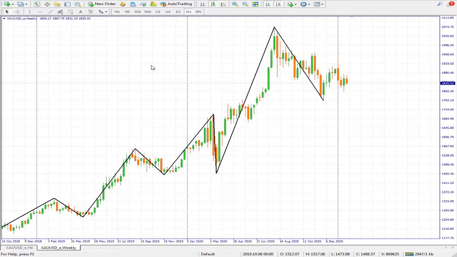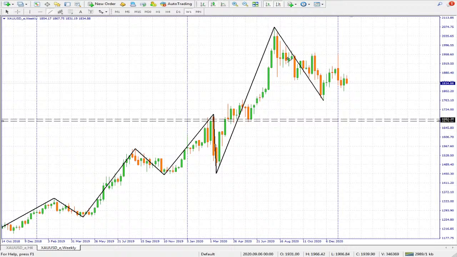As it is now on this chart, we still expect sellers to come in at least up to this point, somewhere around 1682.39, and then we have this level, and this level, and this level here.